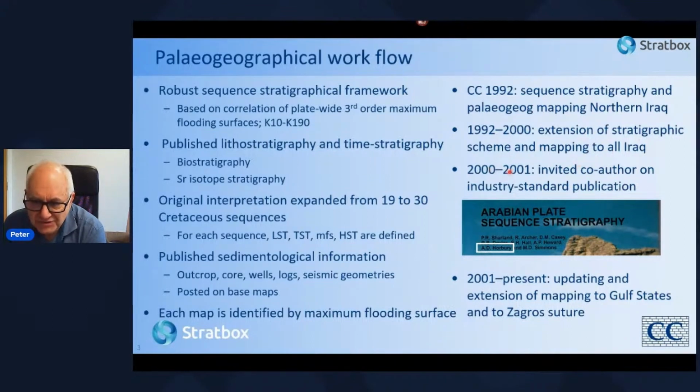And in 2000 to 2001, my co-author, Andrew Horbury, who must take credit for pretty much all the regional work involved in these maps, was invited to be a co-author on what's turned out to be an industry standard publication on the Arabian Plate sequence stratigraphy. And since then, all our focus has been on updating and extending this palaeogeographic mapping to the Gulf states and up to the Zagros Suture.